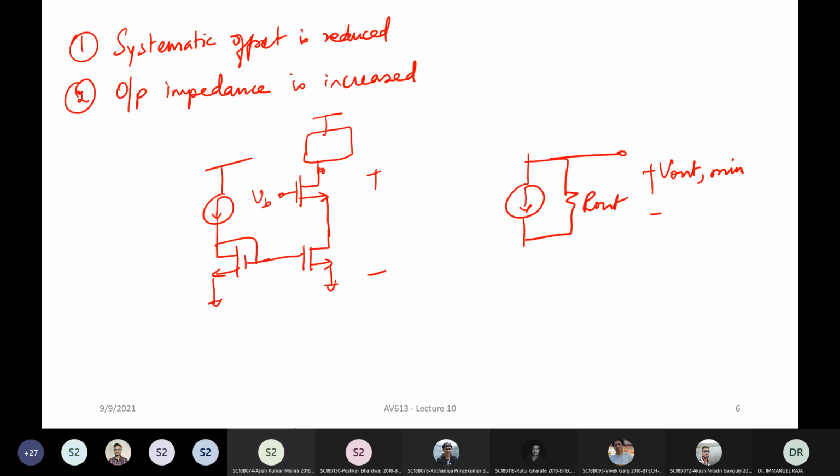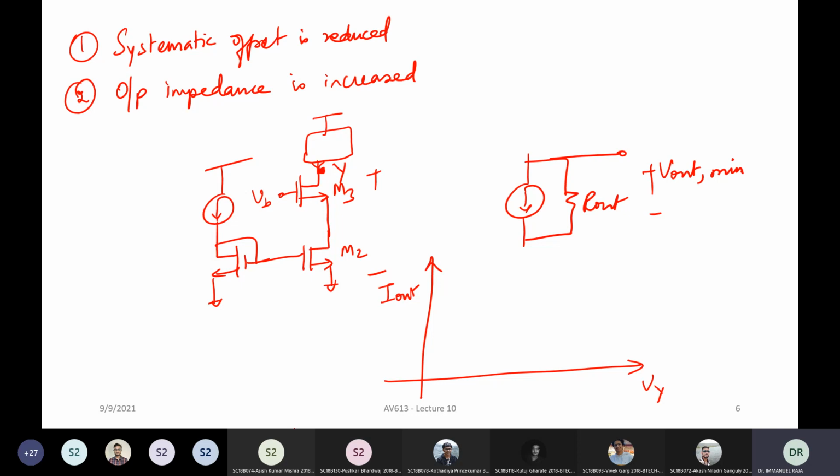VDS3 plus... Is it just one VDSAT? 2 VDSAT. Correct. Right. The bare minimum is that both these transistors M2 and M3 need to be in saturation. So if you plot, we call this node Y, right? If you take Vy as the x-axis and you plot I out as the current flowing here, when you have 0 Vy, what will happen?